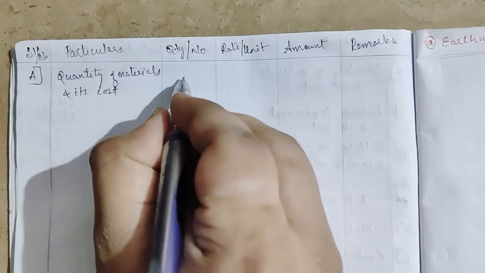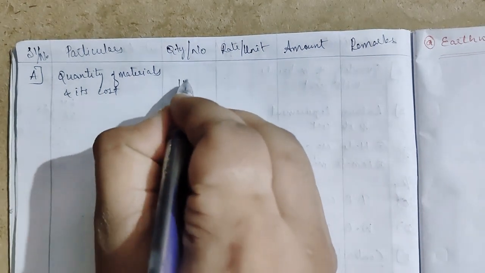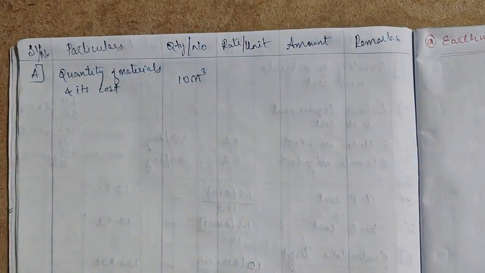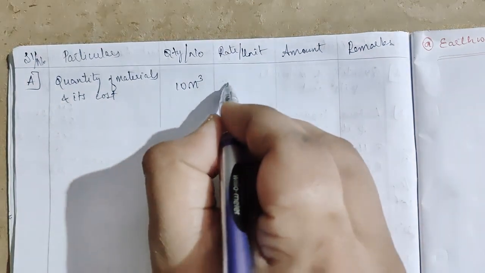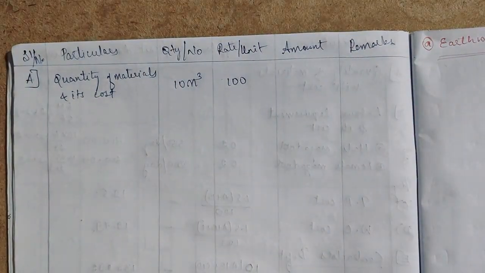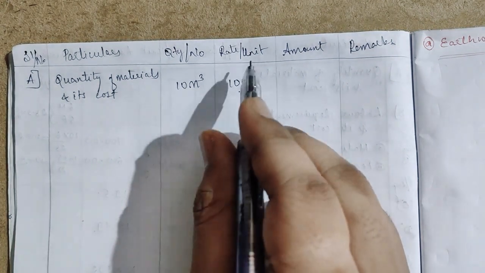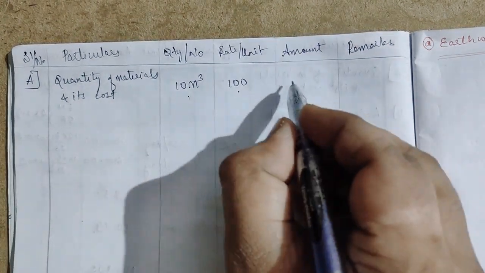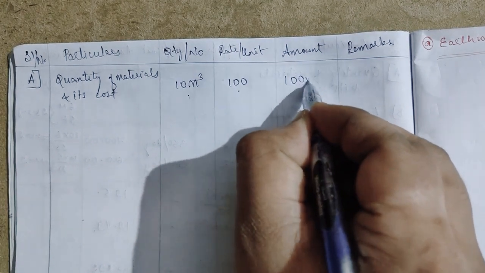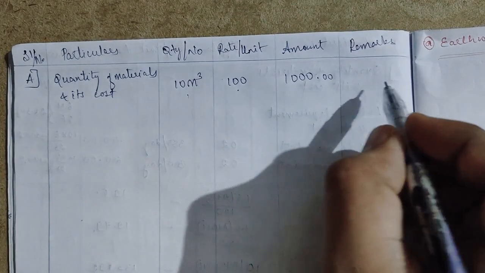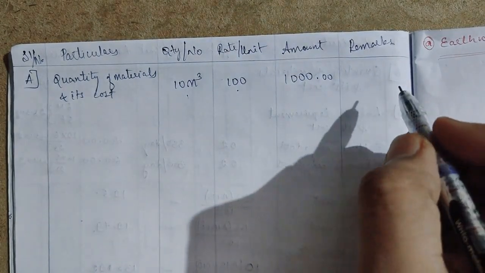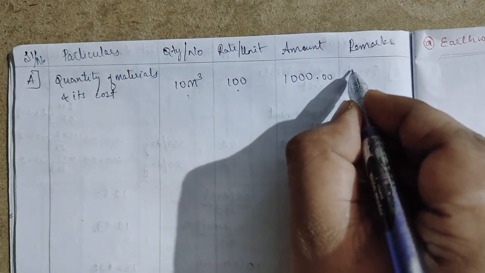Yes, we need. How much quantity we assumed? 10 meter cube of quantity we assumed. Okay, so rate we will assume as 100 rupees per unit. Then for 100 per unit, for 10 meter cube, how much it happens? So it happens 1000 amount. Okay, remarks will be it's for filling.